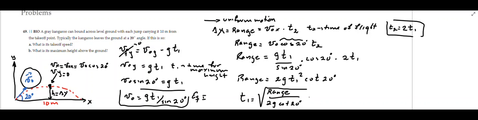So you substitute and you say that the range is 10 meters, and this is 2 times 9.8 meters per second square, cotangent of 20 degrees. This would be 0.43 seconds.